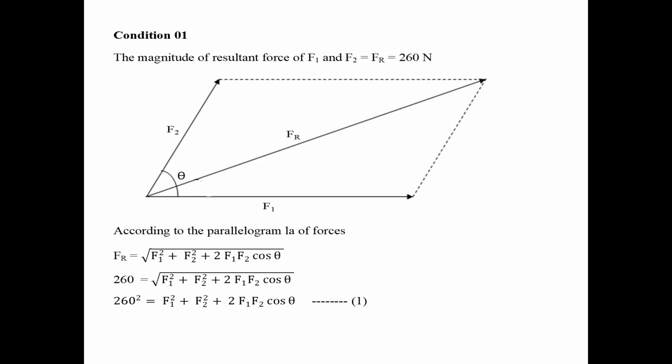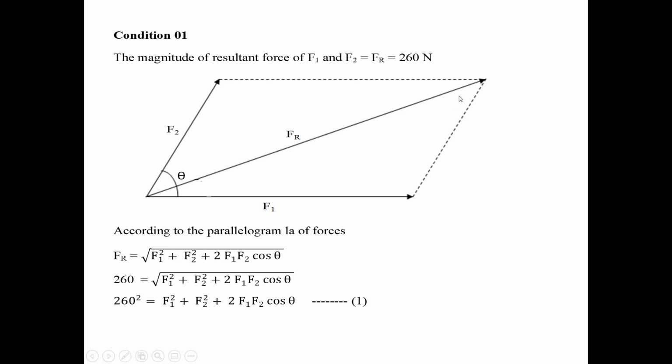Coming to the first condition. In the first condition, F1 is the larger force, one side of the parallelogram. F2 is the smaller force, the adjacent side of the parallelogram. Theta is the angle between the forces F1, F2. Fr is the resultant force in the first condition.